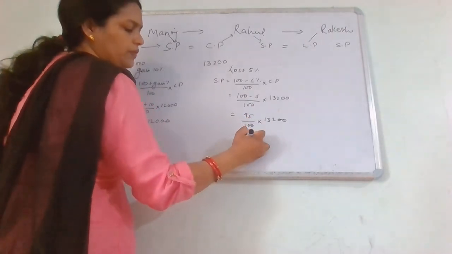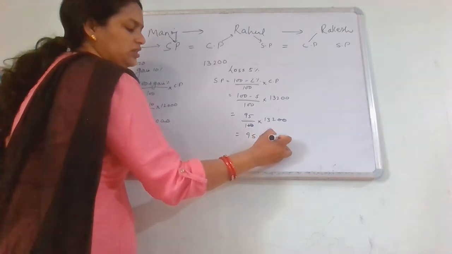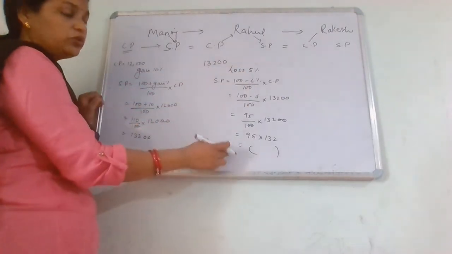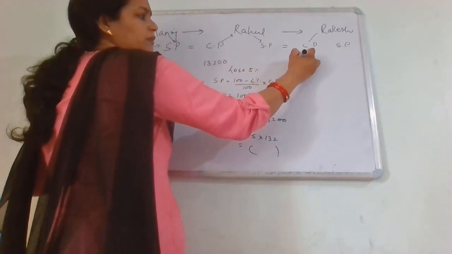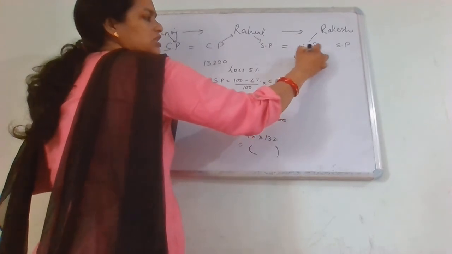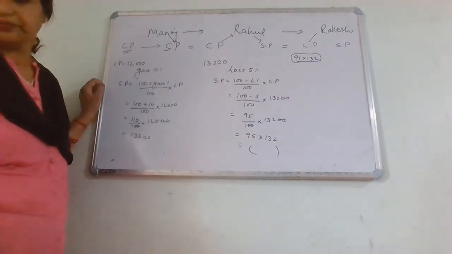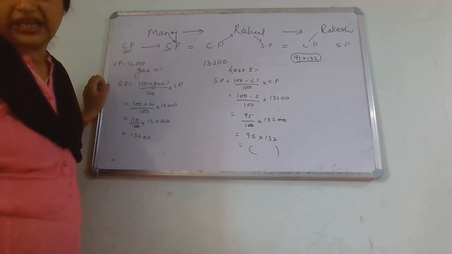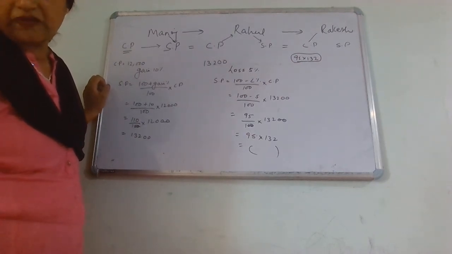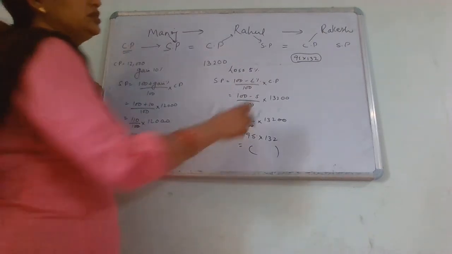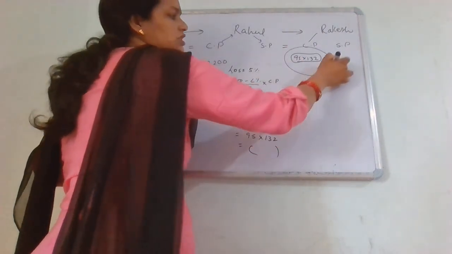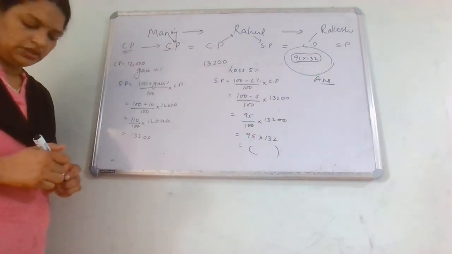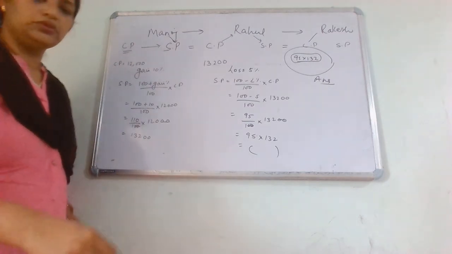Now students, you can multiply 95 into 132. Whatever result comes, that becomes the selling price of Rahul, and that is also equal to the cost price of Rakesh. And in the question, what did Rakesh pay for it? So Rakesh's cost price is this much. This will become the answer. Okay, like this you have to do this question.